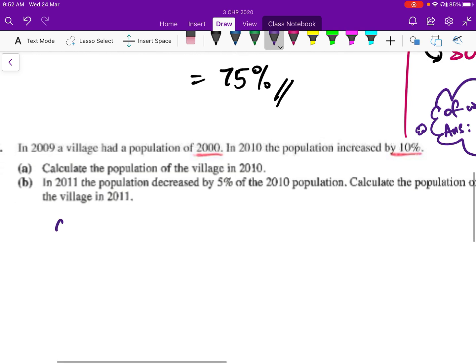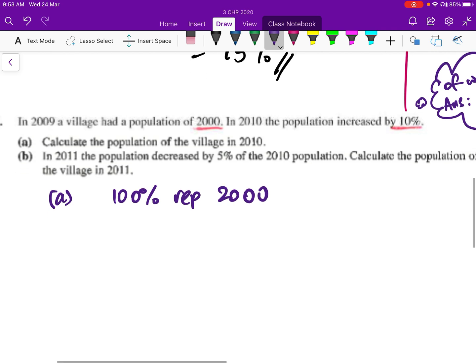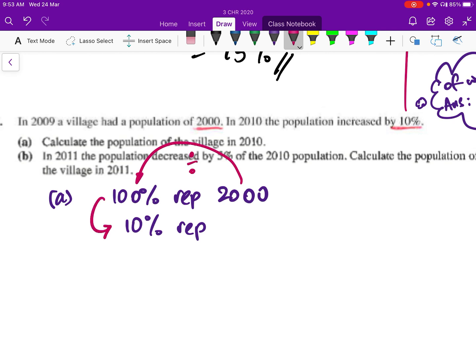Okay, so part A, 100% represents 2,000 people. So increased by 10%, well, you can write 10% will now represent... So we are trying to find the increase over here. Same working, do a division, do a multiplication, leaving us with 2,000 over 100 times 10.